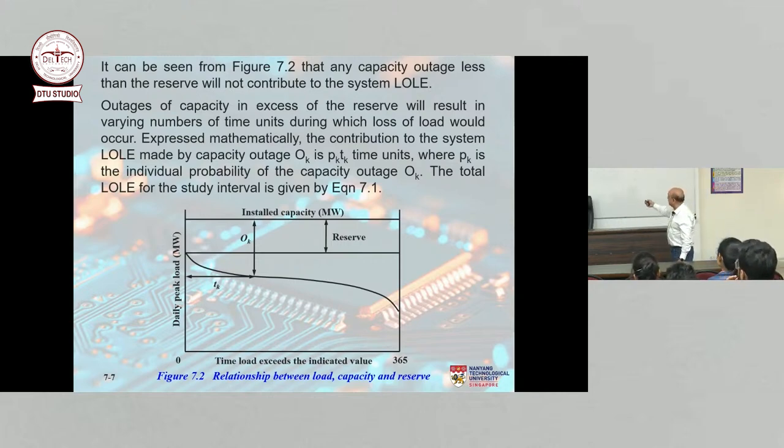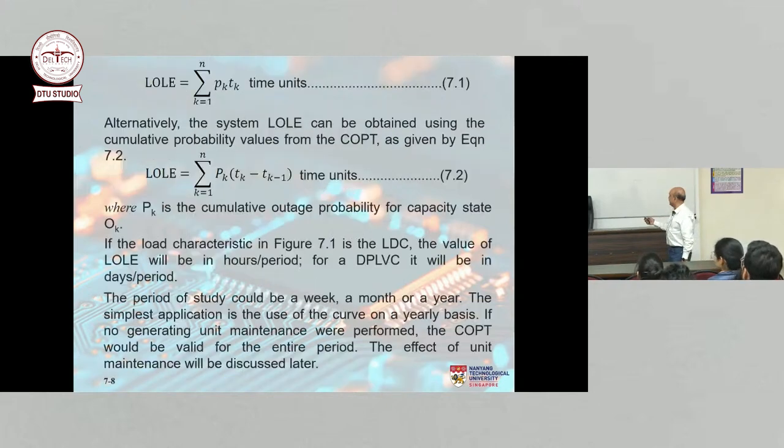I will get the probability of this times the time units. So I'll have P1 T1 plus P2 T2 plus P3 T3, etc. And that will give me the risk in the system. So the loss of load expectation is nothing but the summation of P_K T_K time units, where K goes from 1 to N.